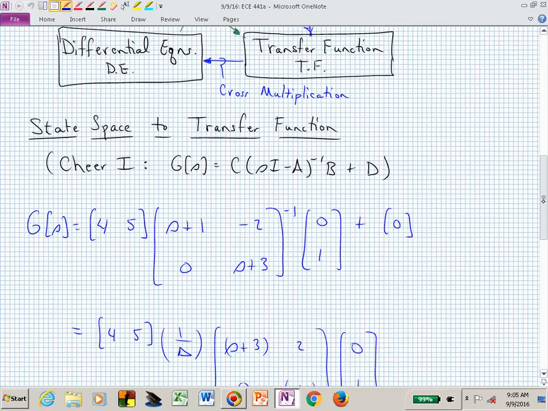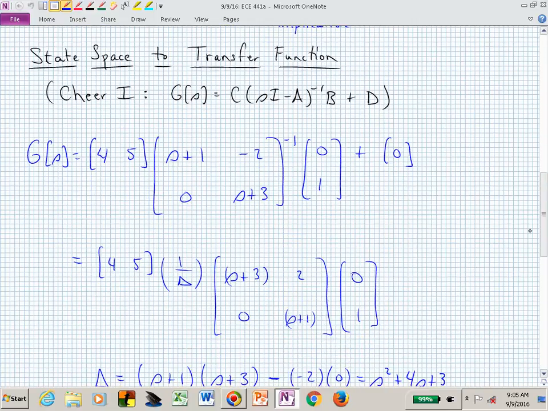Since it's Friday, let's do a cheer. There's Cheer 1. We're going to go from state space to transfer function, which says that we're now going to use this expression: G, the transfer function, is the output matrix times (sI minus A) inverse times the input matrix plus, if we had a direct connection between the input and the output, that would be our D matrix.